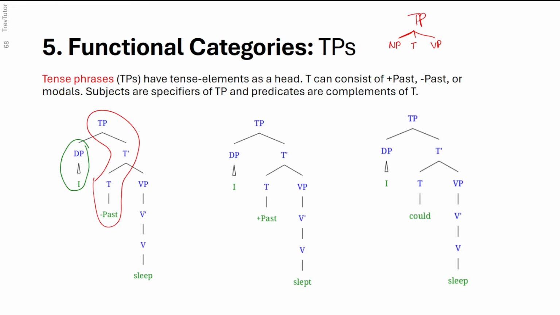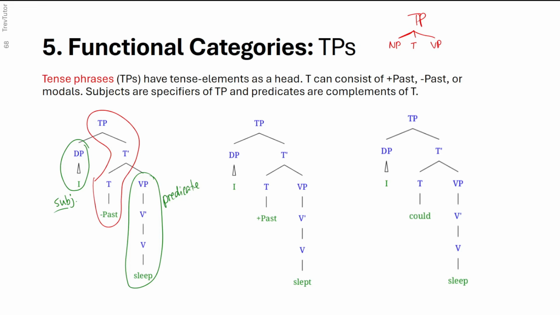And the specifier of the tense phrase is going to be the subject of the sentence, well, of the clause, and the complement of tense is going to be our predicate. I was going to say object, but it should be predicate in this case. So that is going to be the typical relationship in all TPs.